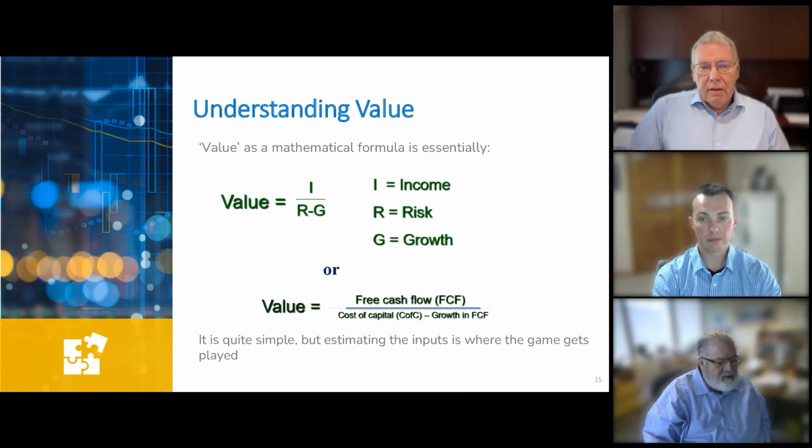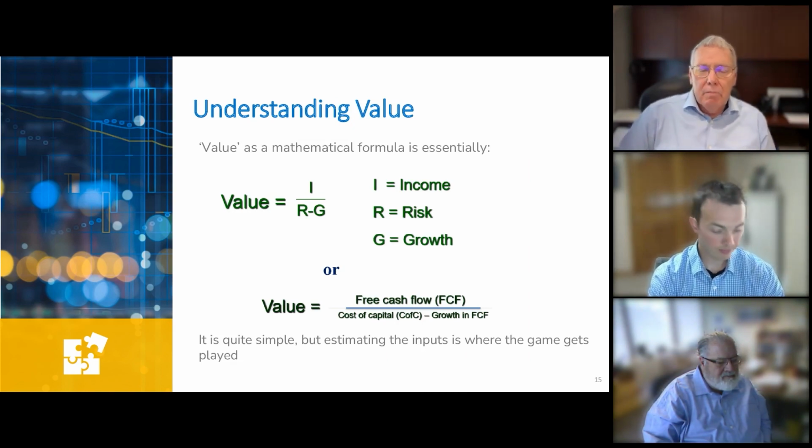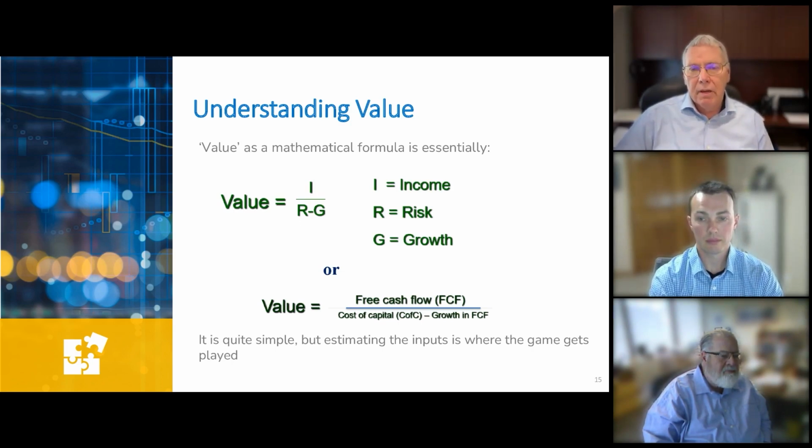So, in understanding value, it can be reduced to a very simple reduction: a firm's income divided by the risk minus the growth, and that's the dividend discount model.